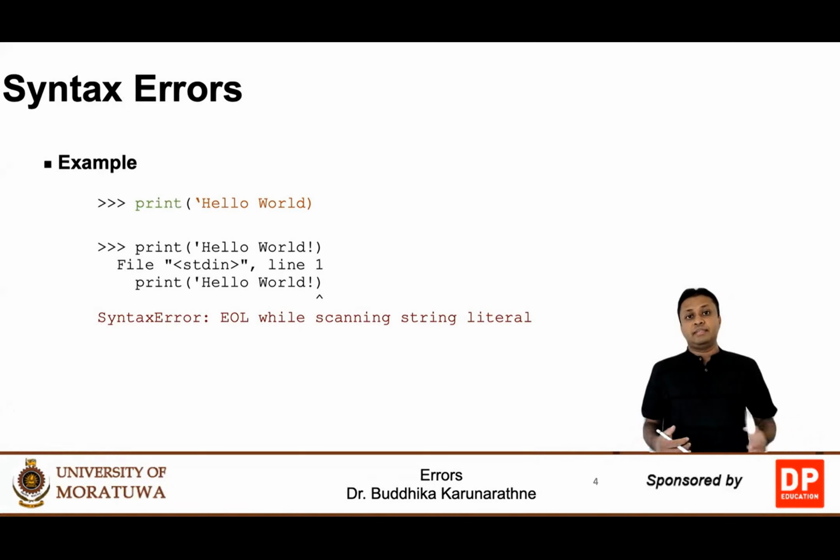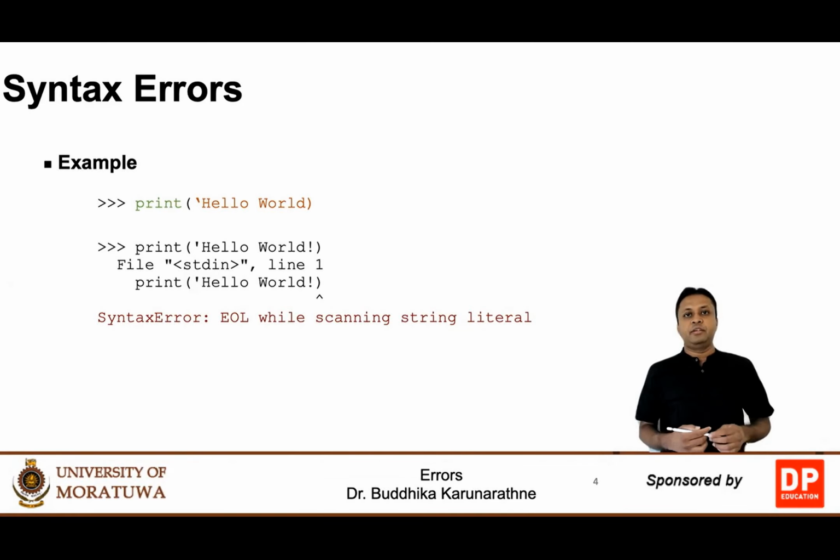So, what are these syntax errors? Let's take an example. Look at this print example. We are trying to print the string hello world to the console. Did you notice something wrong? You can take a moment to observe. So what will happen if we run this code? You can see that it generates a syntax error.